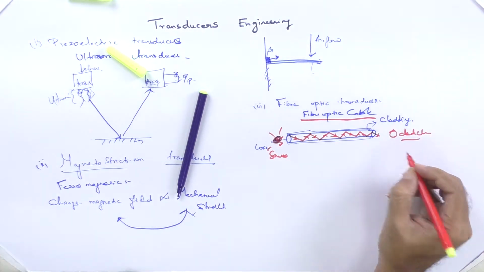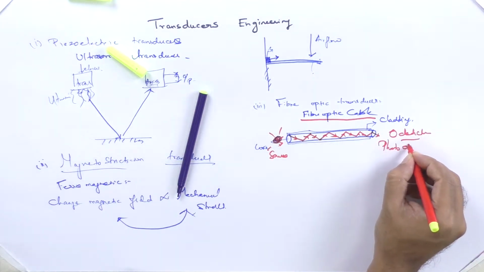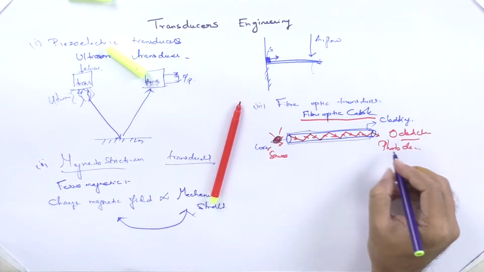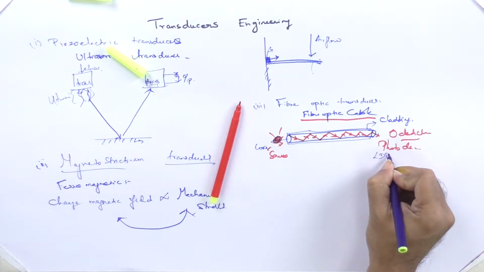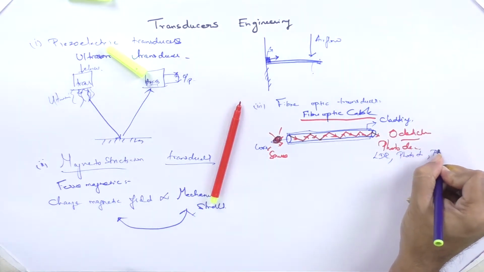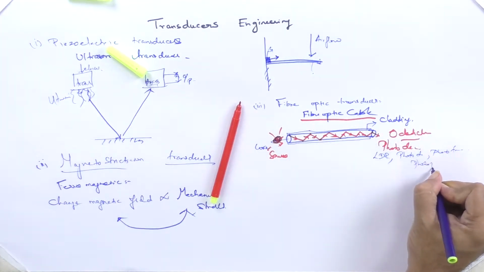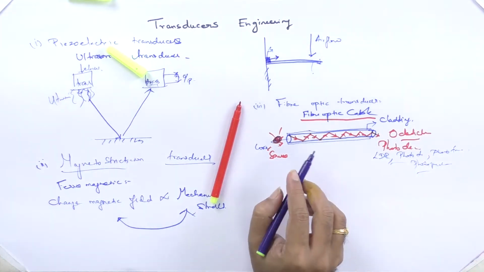The detector will be any kind of photodetector. This may be a light dependent resistor, or a photodiode, or a transistor, or a photomultiplier. All these are photodetectors.